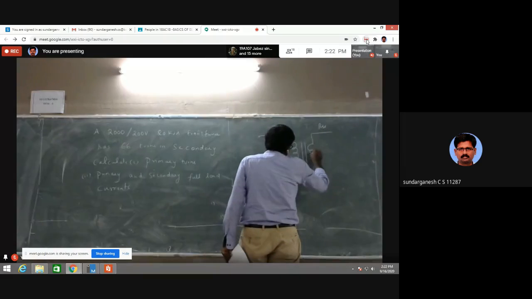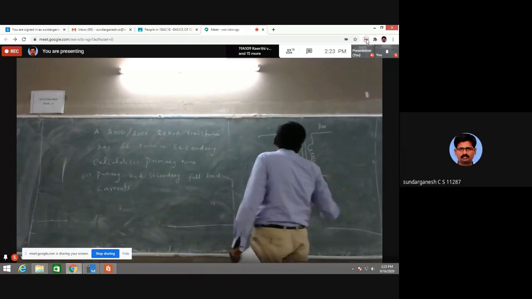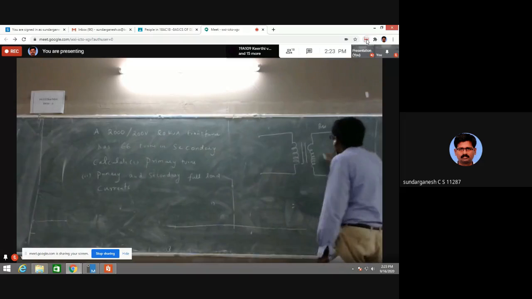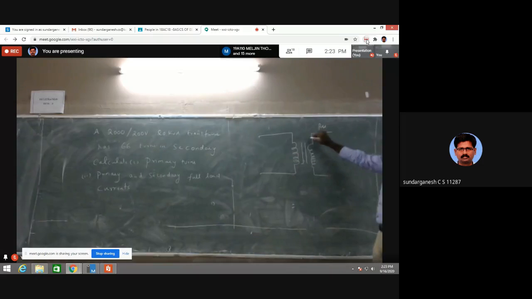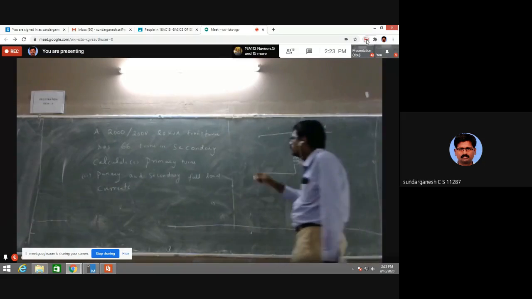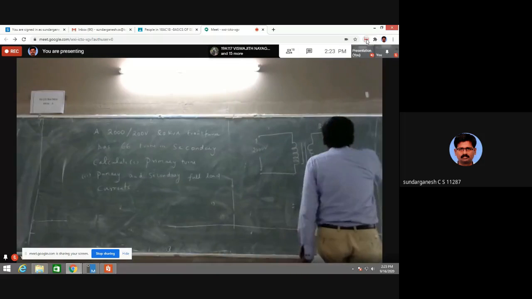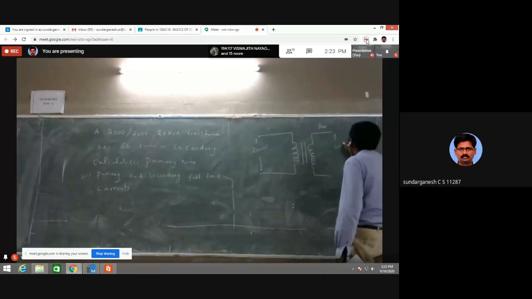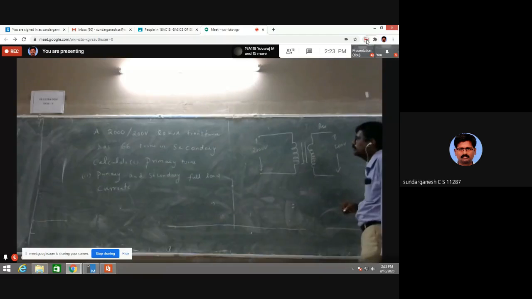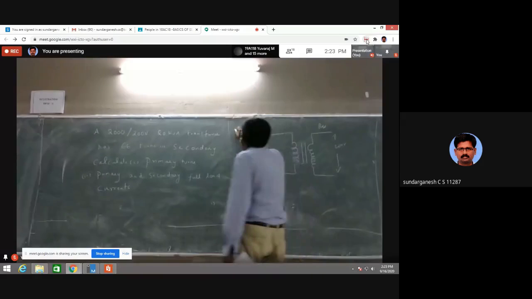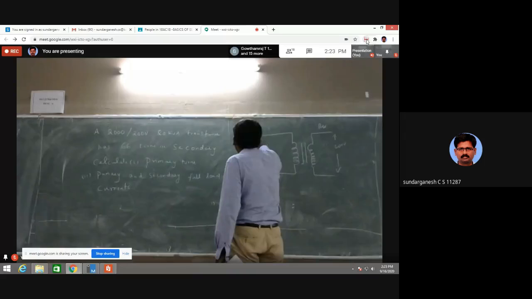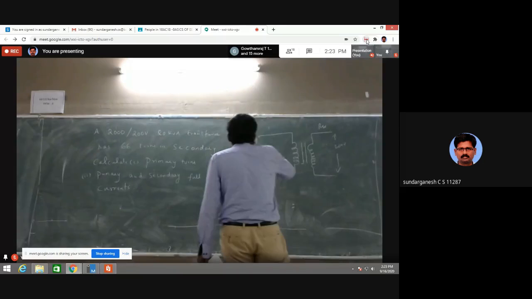Every transformer has a primary and a secondary. This is the symbol for the transformer. This is the magnetic core, this is the primary coil, and this is the secondary coil. They have given input as 2000 volts and output as 200 volts. Next, they have given the power in kVA because it does not depend upon the phase angle.